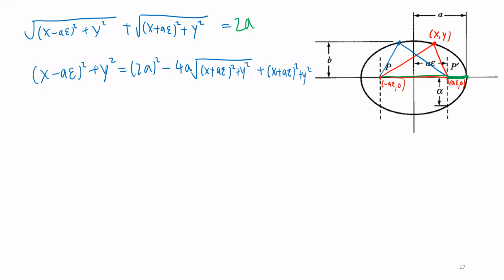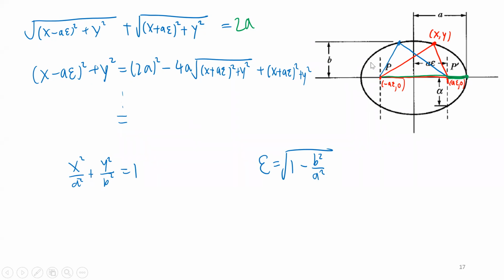Then if you move all the terms except the square root term to the left hand side, and further square both sides again and simplify, you will be able to show that x squared divided by a squared plus y squared divided by b squared is indeed equal to 1. Given that, the eccentricity is given by this over here. You'll be able to show that.